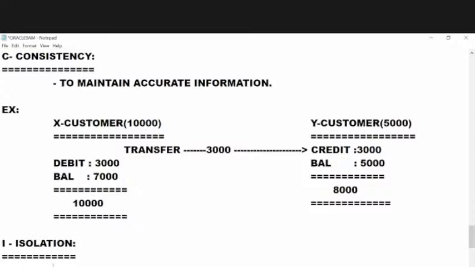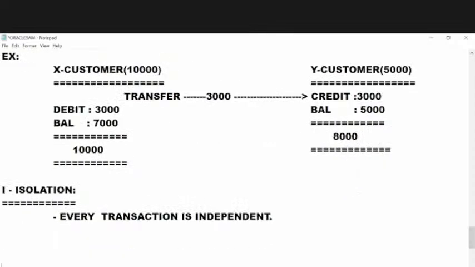Isolation means every transaction is independent. One transaction will never interfere with another transaction.